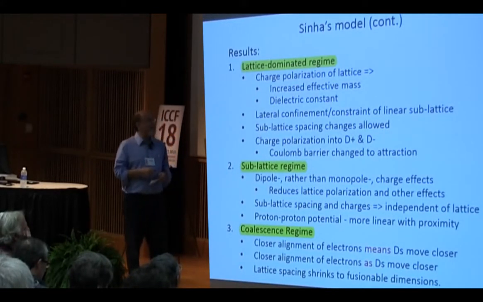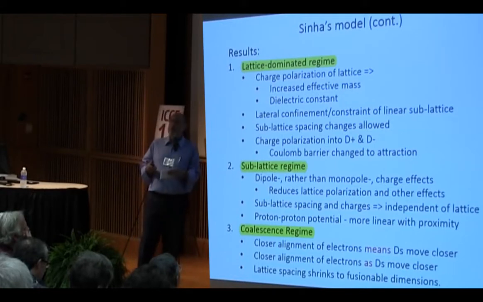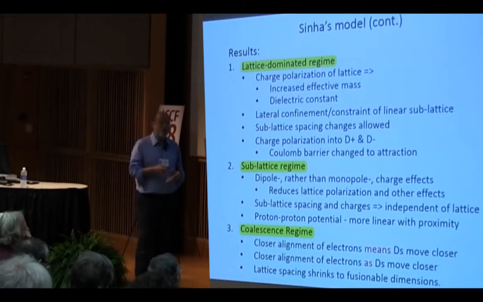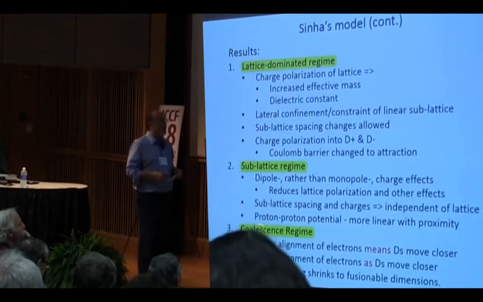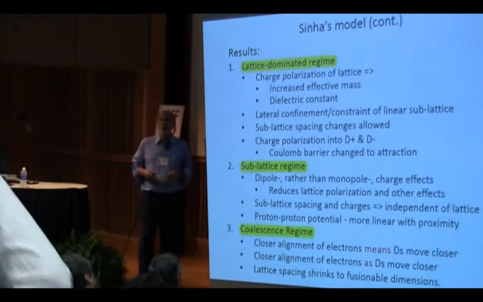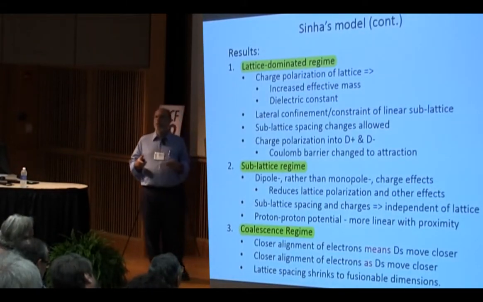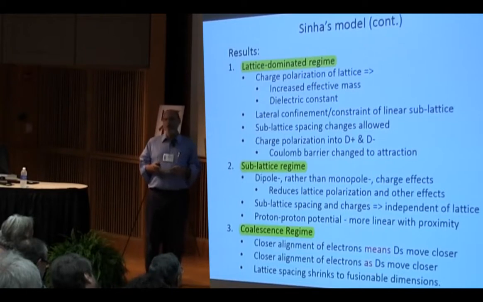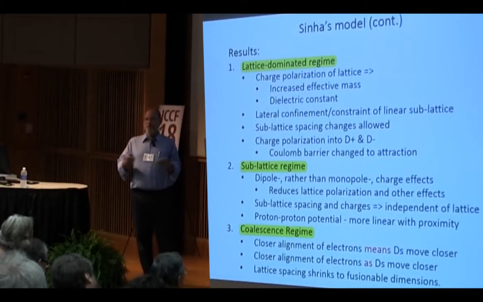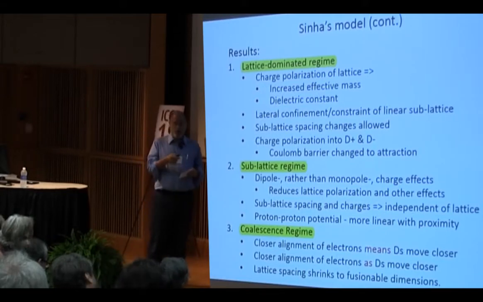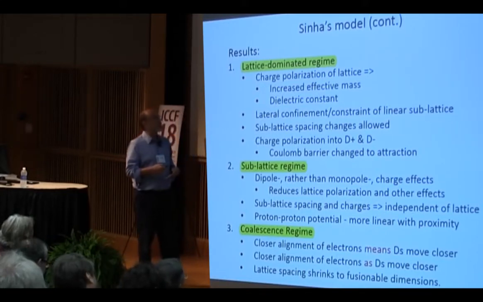Then you have the sublattice regime, where you're bringing these things into the picometer range, and things change. You no longer see the lattice. You're only interacting within the deuterons. And then there's the coalescent regime, where you're in the sub-picometer range, where you're actually having the fusion. To solve these equations, Schwinger said, okay, we can do this and get the phonons, but it really gets very complicated if you try to get details on that.